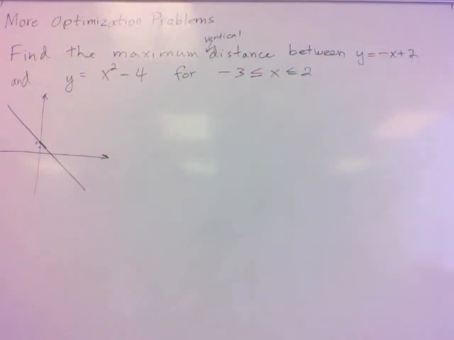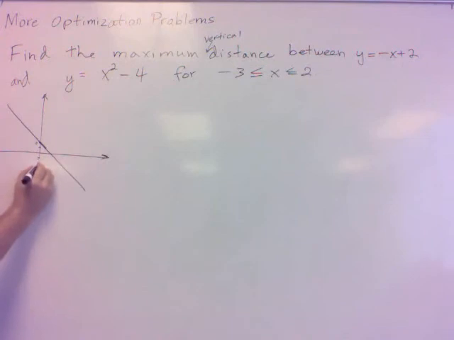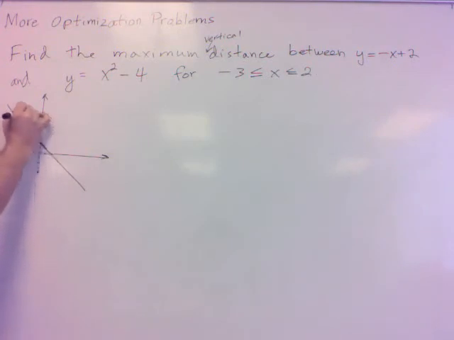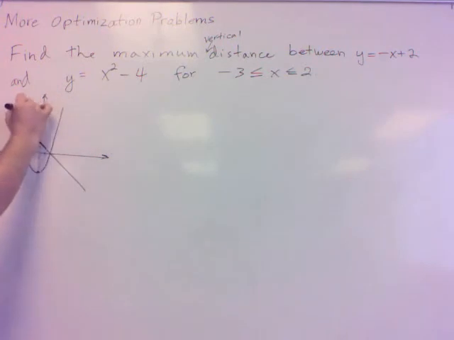Of course, you can plug them in on your calculator too to see, but it should get something like this. This one is a parabola. 1, 2, 3, 4. Y-intercept of 4 and x-intercepts of 2 and negative 2. All right, so something like that is what we're looking at.